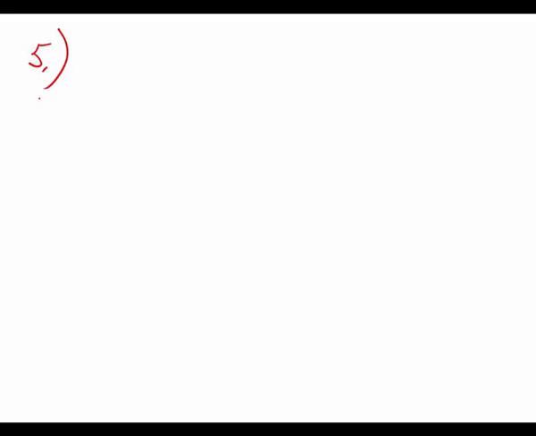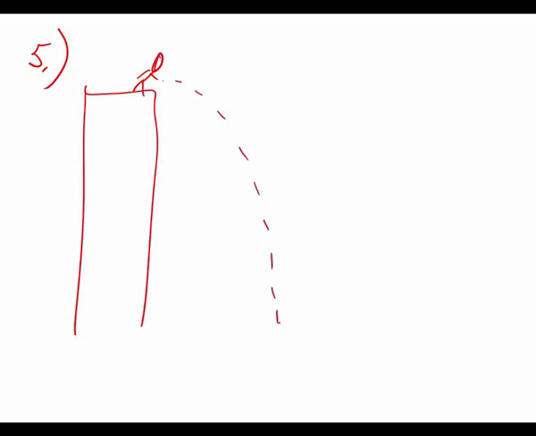So we got a baseball thrown from a building, from the roof of a 22-meter tall building. So the height of the building, y, is equal to 22 meters.